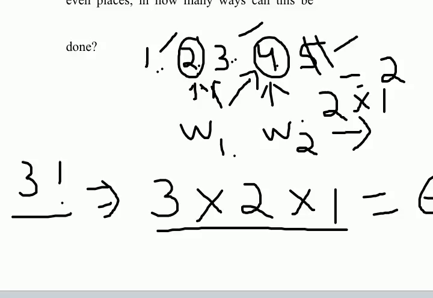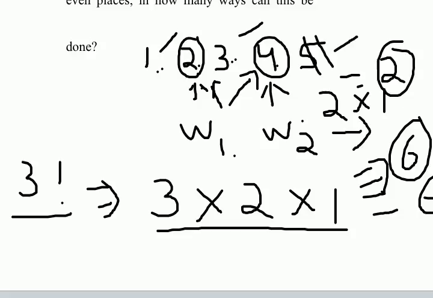So now we know that the men can occupy their seats in 6 ways, and the women can do it in 2 ways, and so the answer you're looking for is 6 into 2, which is 12 ways.